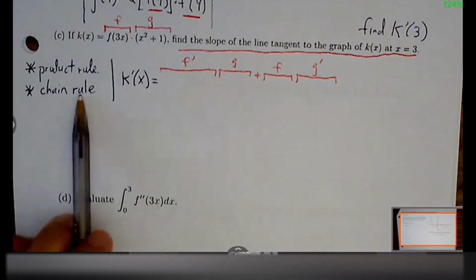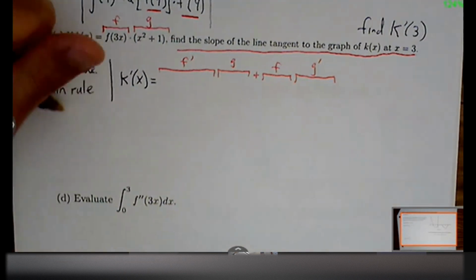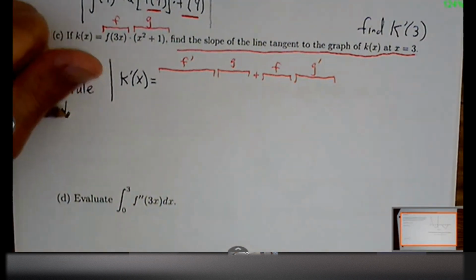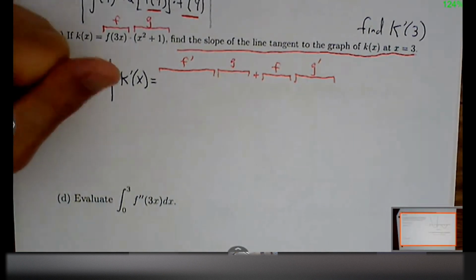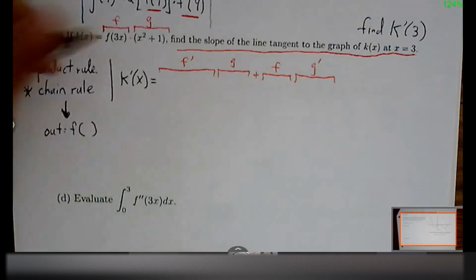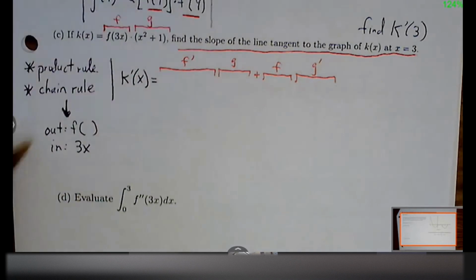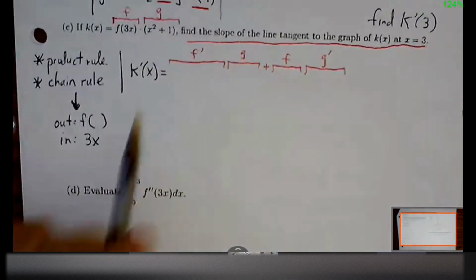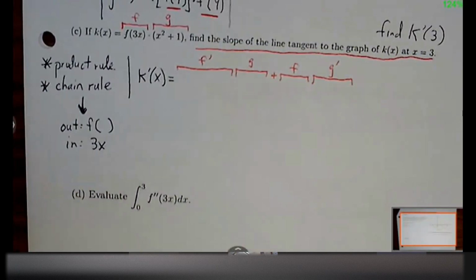All right, so chain rule is within this little f of 3x, right? So let's spell out the parts that create the full derivative there. With that f of 3x, there's the outer portion of just that f parentheses, and there's the inner portion of just that 3x. So we need to involve both these features in order to create our full derivative of that f of 3x. So take turns.